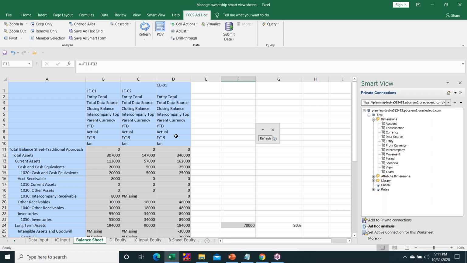So the first method of consolidation we have covered, that is the subsidiary method, and now we are moving on to the equity method of consolidation, where the consolidation percentage will be between 0 and 50%.